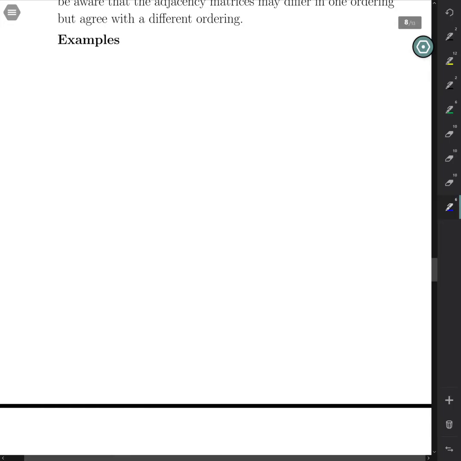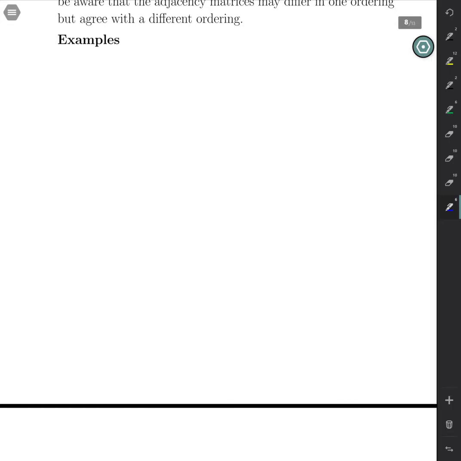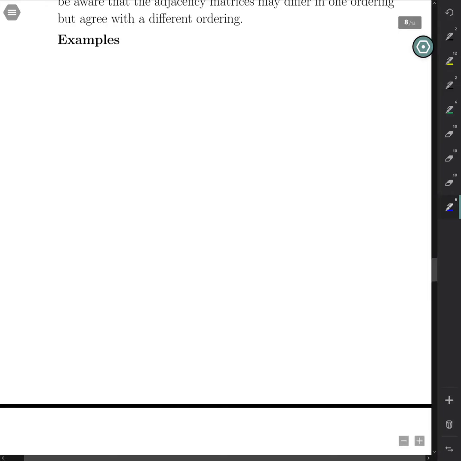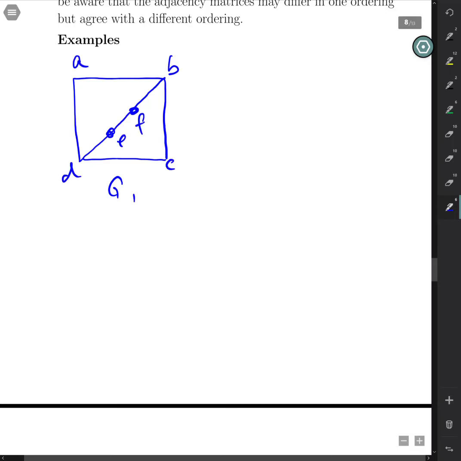So let me show you an example where we do something like that. So let's take a particular graph that looks like this. Maybe this is our G1. So G1 looks like this. And I'm going to draw a cross piece, but it'll have a couple of vertices on it like so. So we'll go ahead and label this A, B, C, D, E, and F like so.